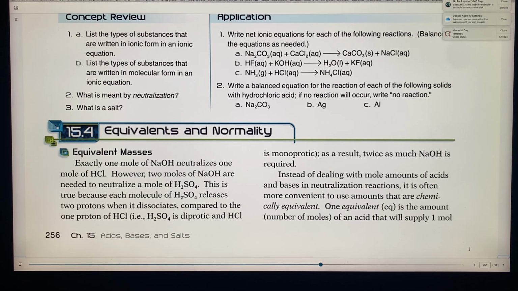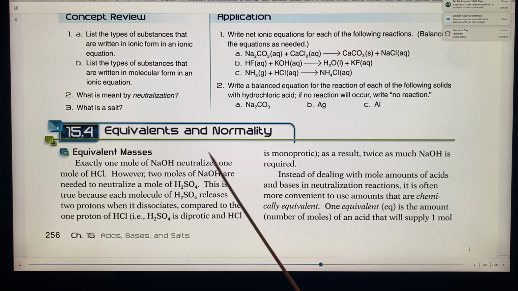So the ratio in that reaction is going to be 2 to 1, because you have 2 hydrogens. Remember, that's diprotic, 2 hydrogens, and this one is 1 hydrogen. So this one was 1 to 1, and this is going to be 2 to 1.